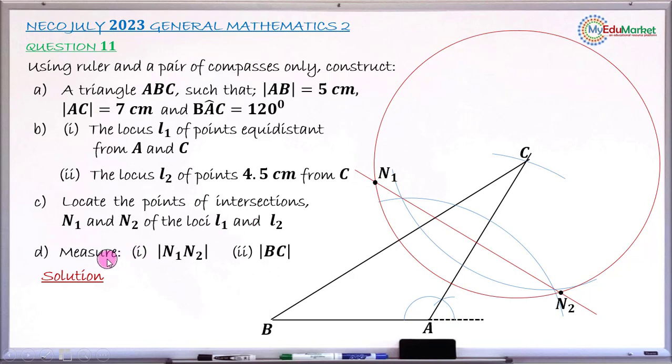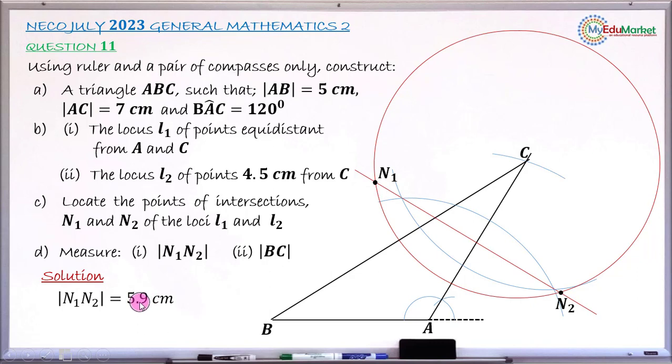You now move to question number D. You are asked to measure the length from N1 to N2. So with your ruler, you measure from this N1 to N2 and write the answer. Let me do that. If you do this construction accurately and measure N1 to N2, what you are going to have is very, very close to 5.9 or 5.9 exactly.